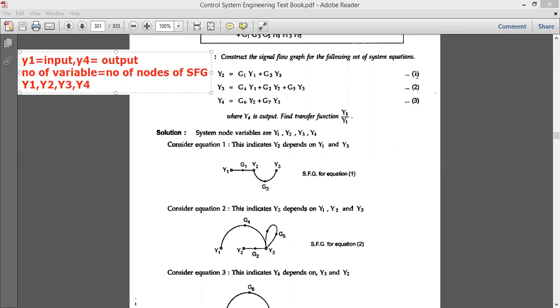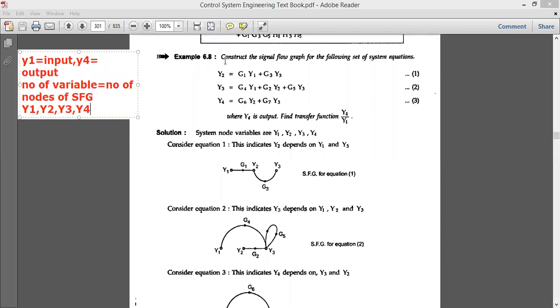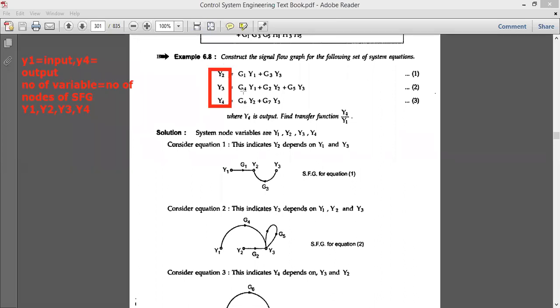Let us consider equation number 1. Equation number 1 says y2 is equal to g1 into y1 plus g3 into y3. You should be very careful while drawing the signal flow graph that the LHS of these three equations is nothing but your output.